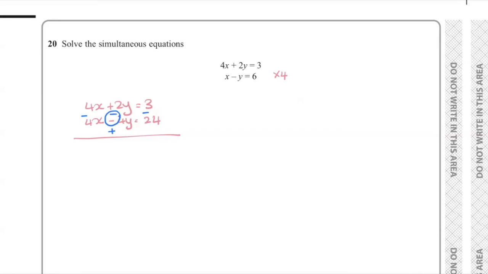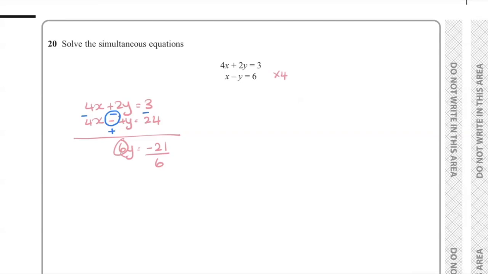We want to get rid of the x's so we can concentrate on the y's. I've got 2y, and I'm going to add 4 to get 6y. And then 3 take away 24 will take me to negative 21. I want to know what y equals, so I'm going to need to get it on its own. So I'm going to divide through by 6. Now, 21 isn't in the 6 times table.